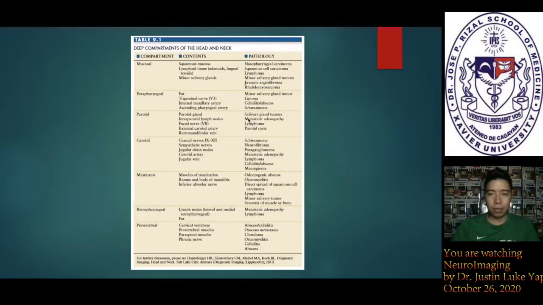So we could narrow it down to these four. That's how it works. Basically, that's how to identify the possible mass that you are dealing with in the next spaces.